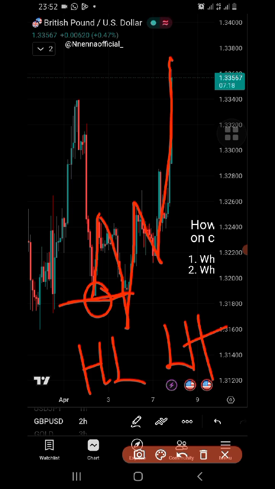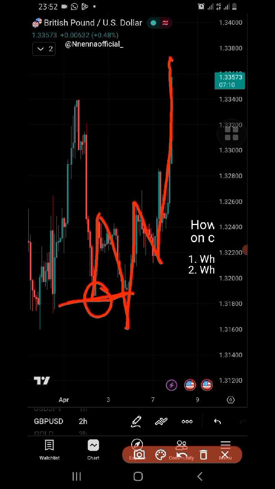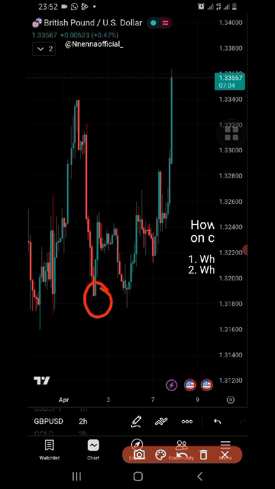And what is your final confirmation to go ahead and get an entry? Once this manipulation has occurred, do not be impatient first. Yes, you have already seen that manipulation has occurred here. Don't be impatient. Now, what are you going to watch out for next? Allow market to move and see what happens at this area.